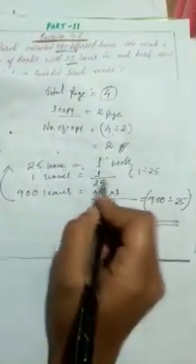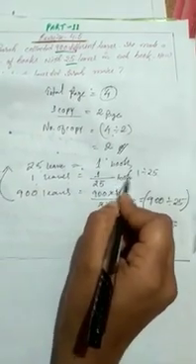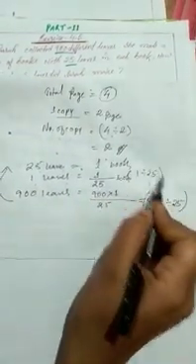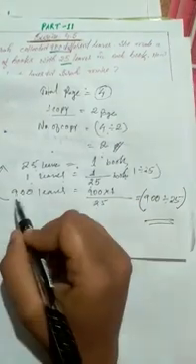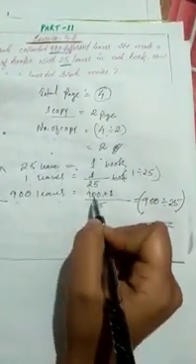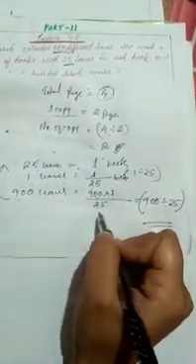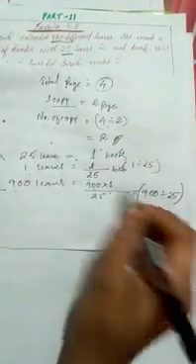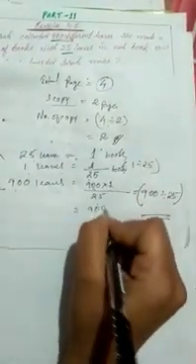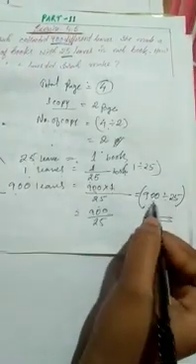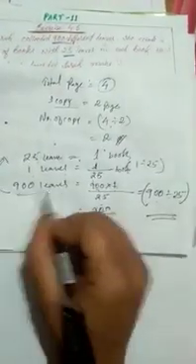So 1 leaf is required to make how many books? You have to do 1 divided by 25, that means 1 by 25. So for 900 leaves, you have to do 900 into 1 by 25. So 900 into 1 means 900, so it is coming 900 by 25. That means 900 divided by 25.